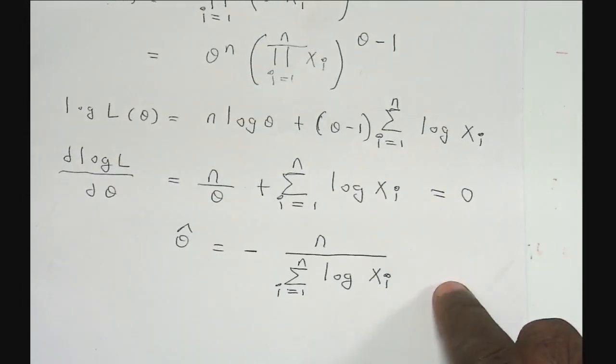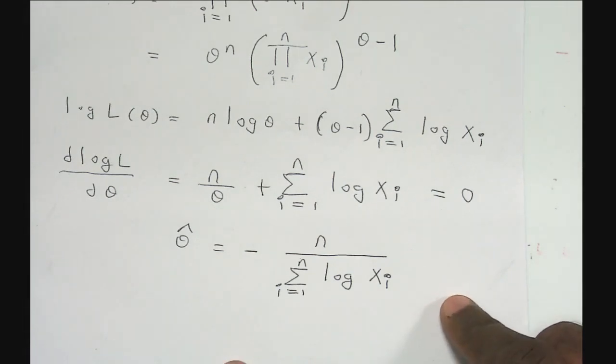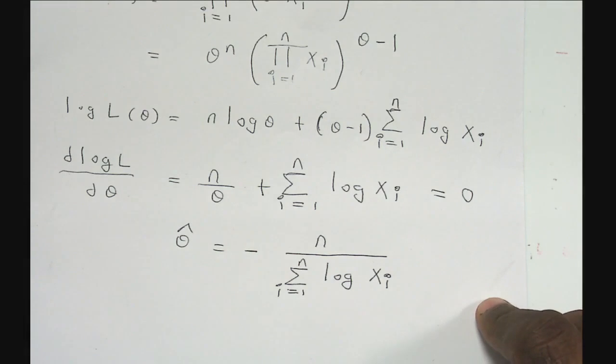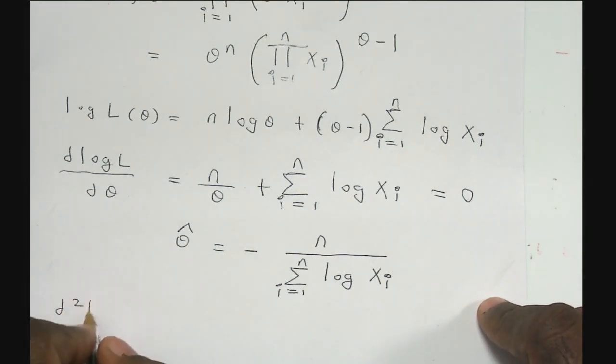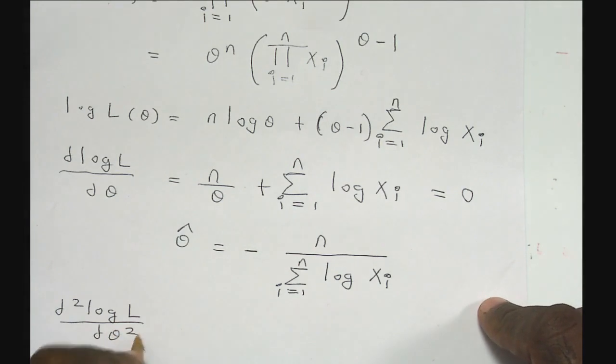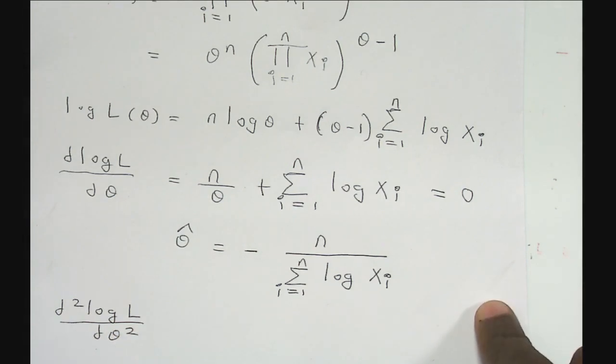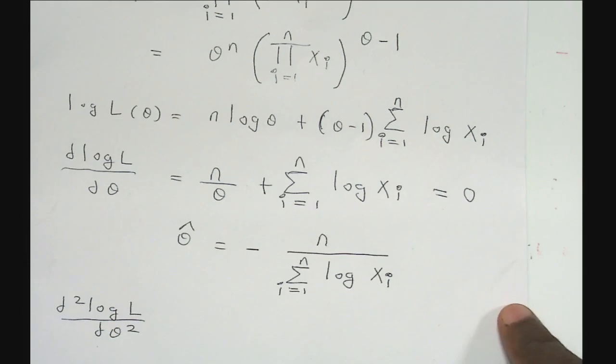Now, to make sure that this is an MLE, you will need to do this only in the scalar case, guys. The example that I'm considering here is a scalar case because you only have one parameter. So you need to do this extra step only in the scalar case. That is, you need to show that the second order derivative of the log likelihood is a negative number.